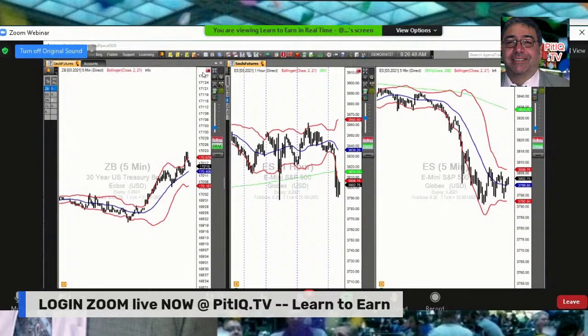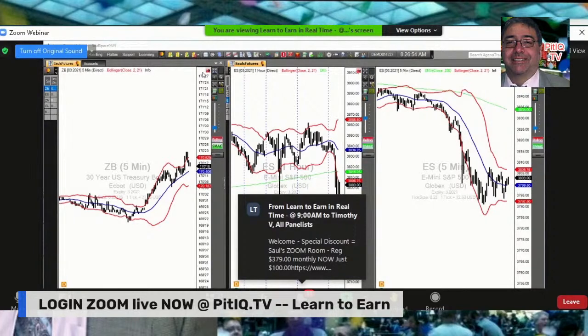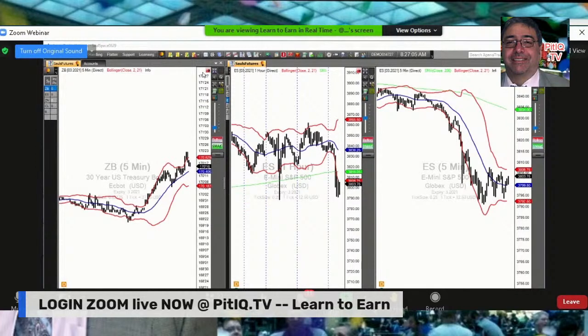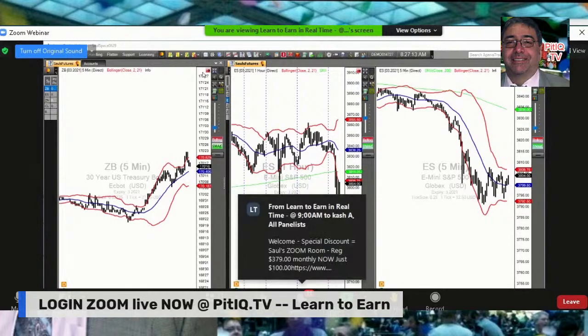Pivot this morning is 3802, 3802. Support down at 91, 3791, 80, 72, 65, 58. Resistance above at 14, 23, 31, 41, and 53.